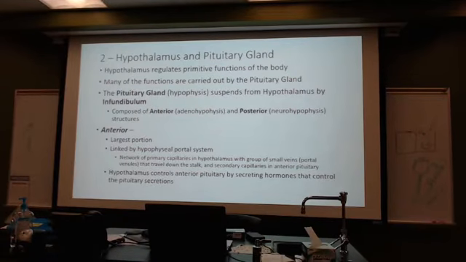So I've got a primary capillary network in the hypothalamus, and a group of small veins, venules, travel down the stalk into my anterior pituitary.